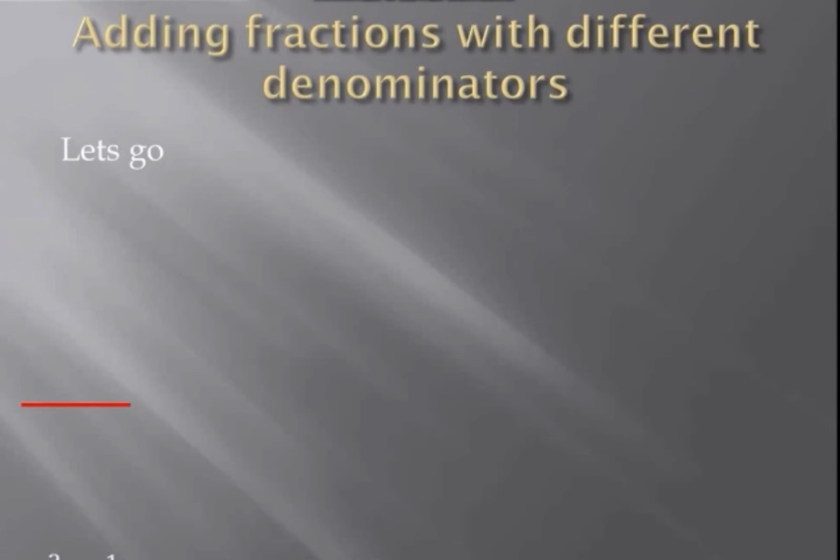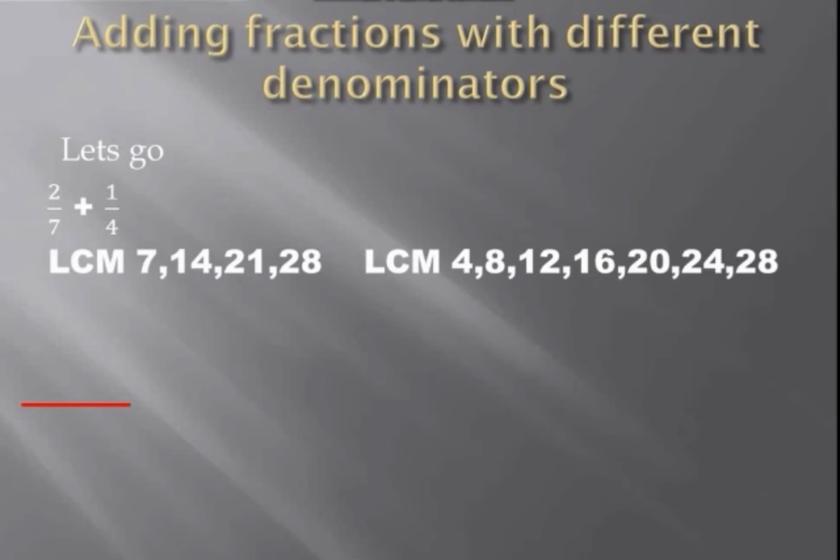Let's try the next one. 2/7 plus 1/4. The lowest common multiple of both 4 and 7 is 28. So I wrote back the equation, draw a line, write 28 as the lowest common multiple, and I solve. 7 into 28 goes 4 times.